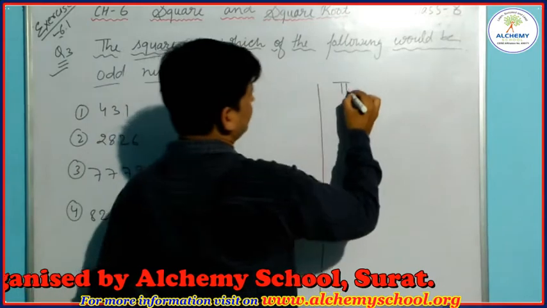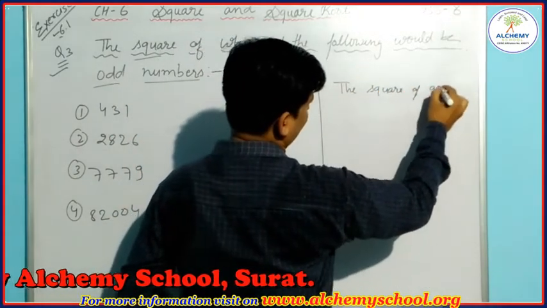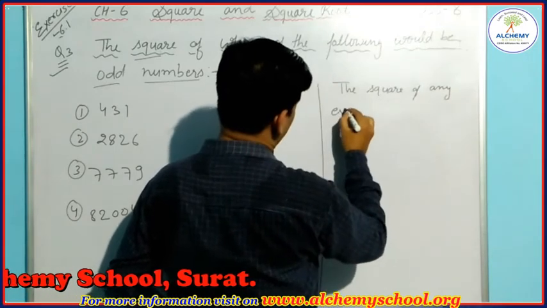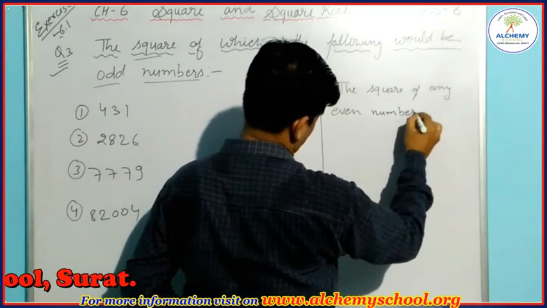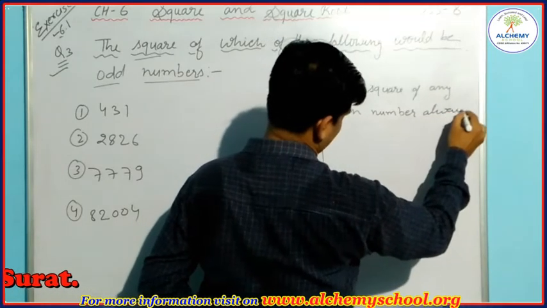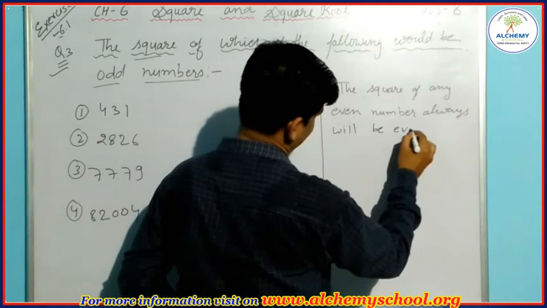The square of any even number will always be even.